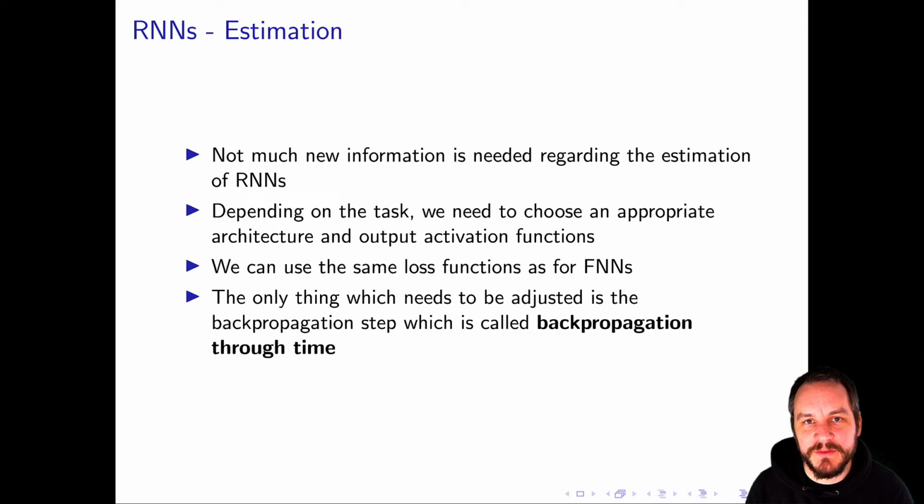If we have a regression type problem, then we may use the squared deviations or the average squared deviations. And if we have classification problems that we want to solve with recurrent networks, then we use, for instance, the cross entropy loss function. And again, here the principles of backpropagation can be applied.